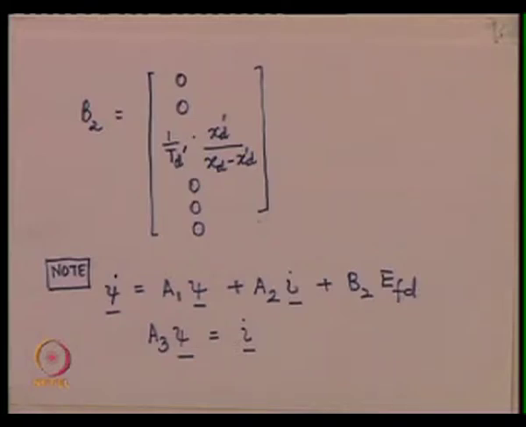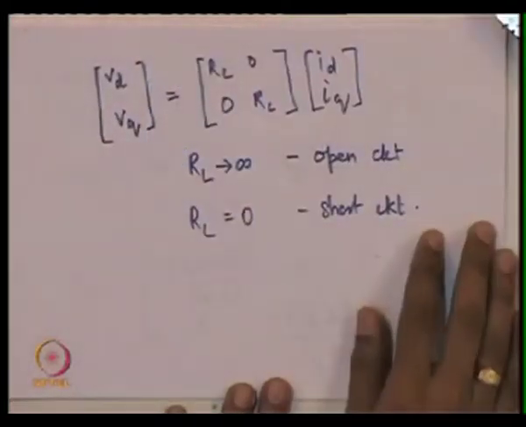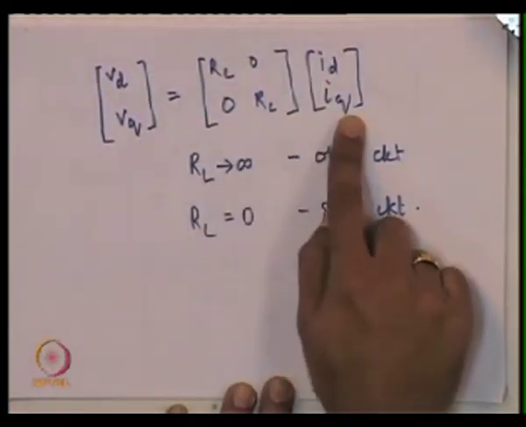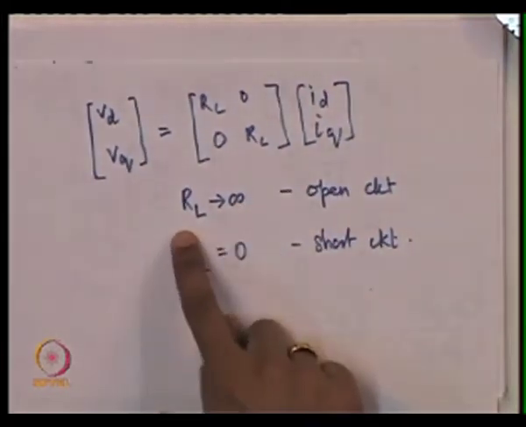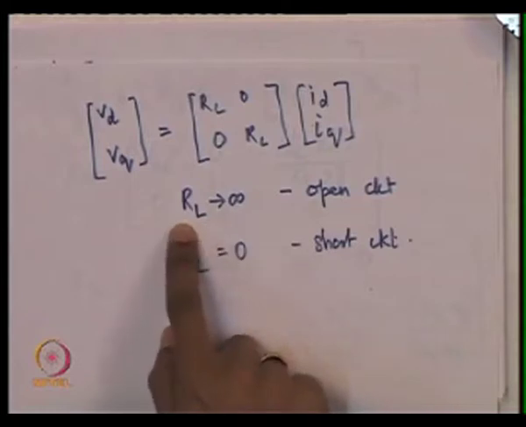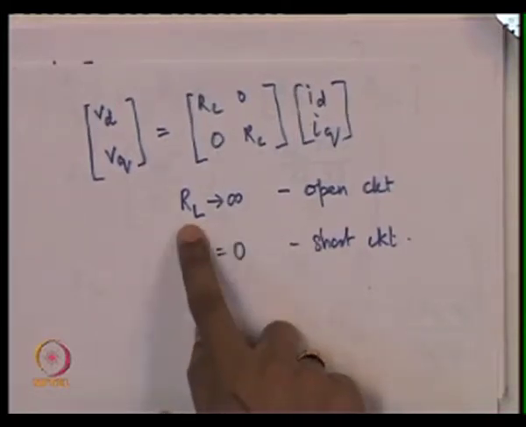ID and IQ. In fact, you may wonder where is VD and VQ here. VD and VQ are the voltages at the terminal of the generator. What we assume of course is that the terminal voltage of the generator is written in terms of the currents ID and IQ, and since we are considering the open circuited case, we will take RL as very large.